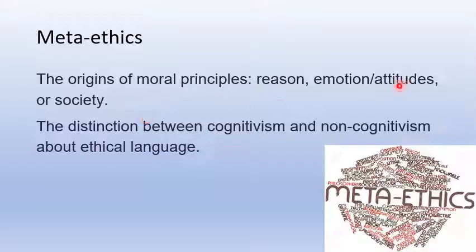Or society. So they could be societal, sociological constructs that our society has created, maybe so that people will follow certain class rules and know their place and so on. There's overlap here, of course. These aren't mutually exclusive necessarily.